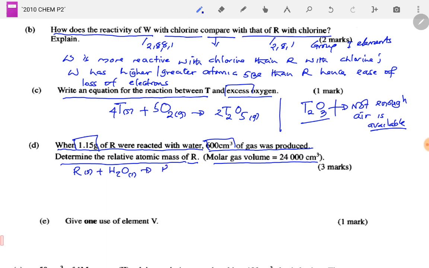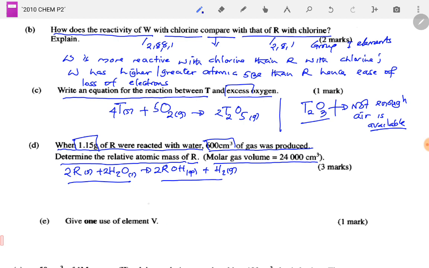You get the hydroxide of R, which is in solution, plus the gas that we are talking about, hydrogen. And now balancing, we place a 2, place a 2, place a 2, and the reactants and the products balance out.